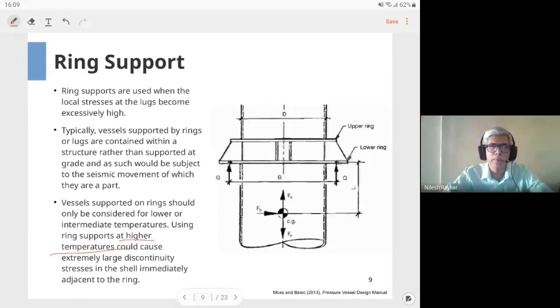Thermal stresses would be induced in the vessel as well as the ring. So they are not recommended for high temperature service. For high temperature service, if it is a vertical vessel, you have to use the skirt type of support, which we are going to discuss next, or if it is a horizontal vessel, then it is a saddle support.